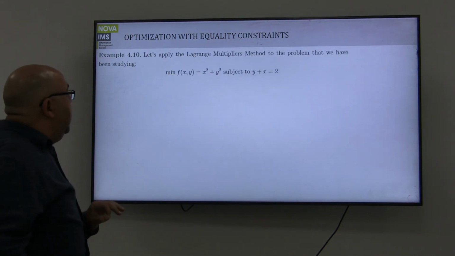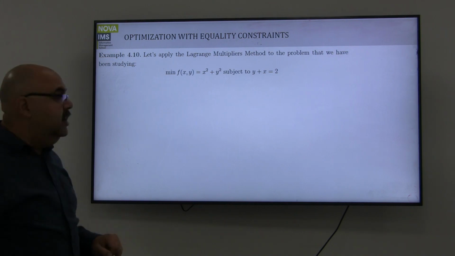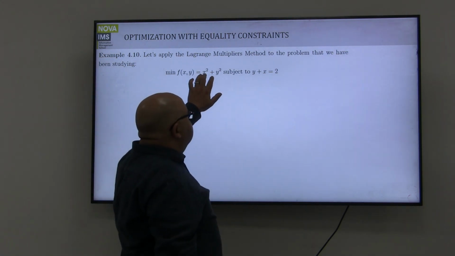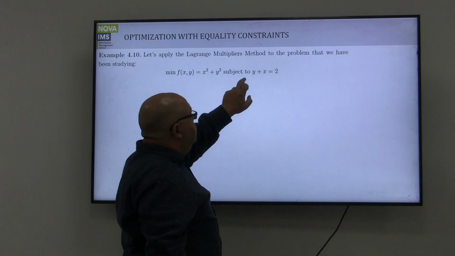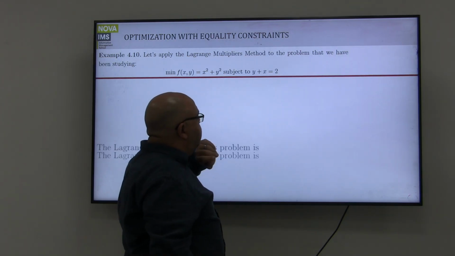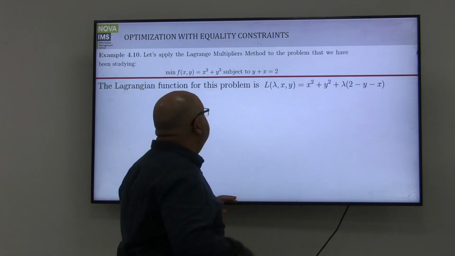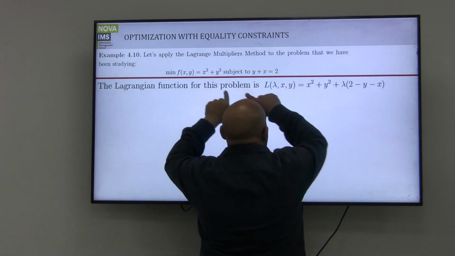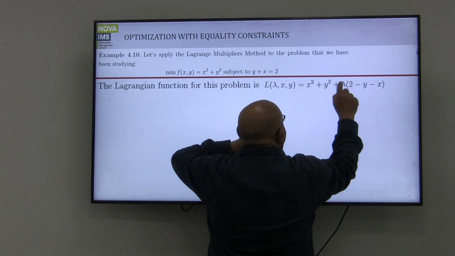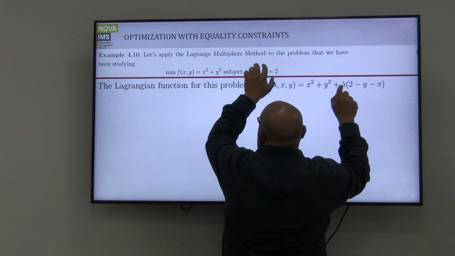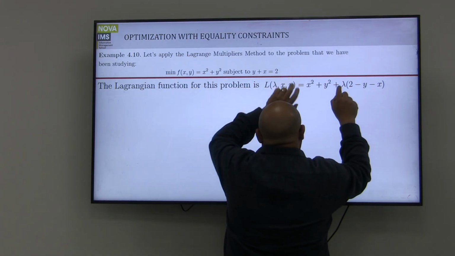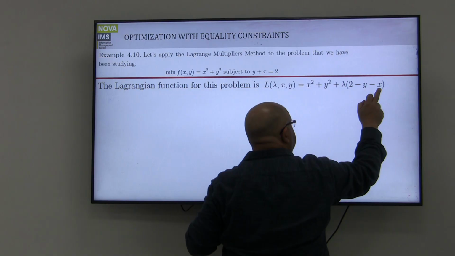If we want to apply it, it's really very direct. This is the function, and then it's going to be lambda times 2 minus y plus x, as you can see. That's the Lagrangian. So once more, the Lagrangian takes the objective function first, plus lambda times the constraint moved to the right, so it's going to be 2 minus y minus x.